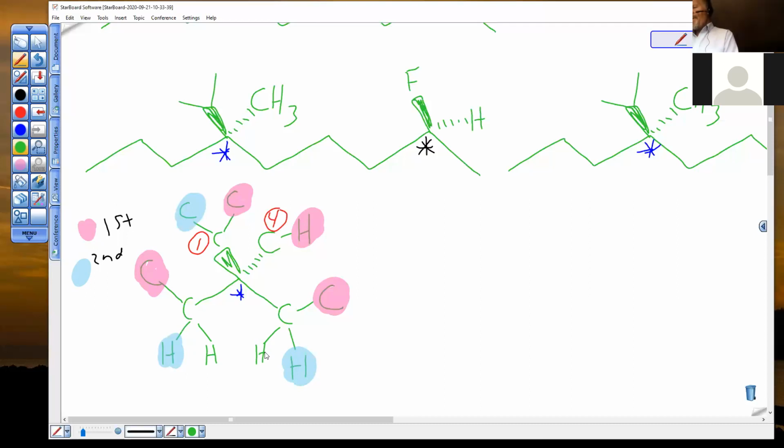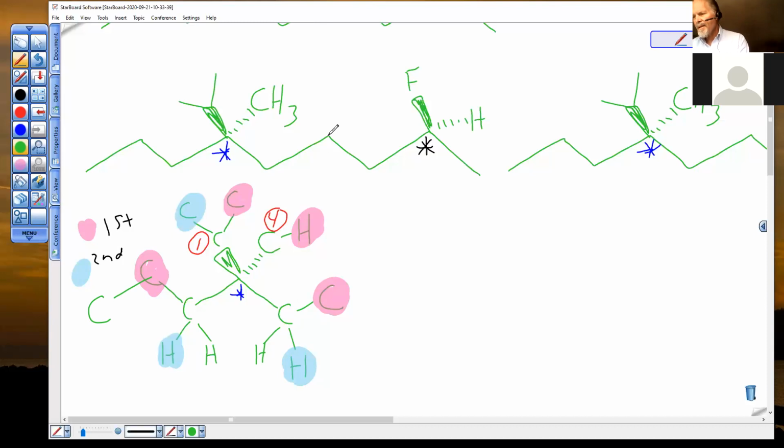And I mean, they're the same. So what do you do when you're finished with those two carbons? They're still tied. They've got exactly the same things. Well, you go to this carbon, which is this one, and ask yourself, what's the heaviest thing on there? It's a C. What's the heaviest thing on the second carbon away from the stereocenter here?